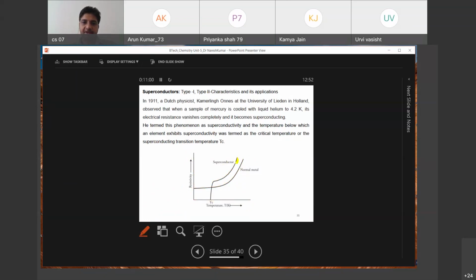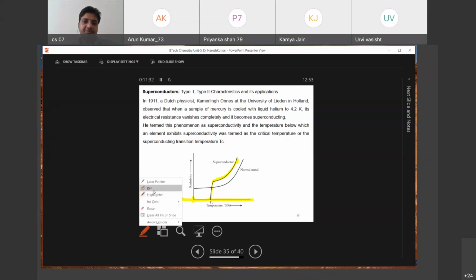Initially, in the beginning, you have a slow decrease in the resistance, and at a particular temperature here, you will see a sharp decrease in the resistance, and it becomes zero here. If you see this point here, you have zero resistance at this temperature.